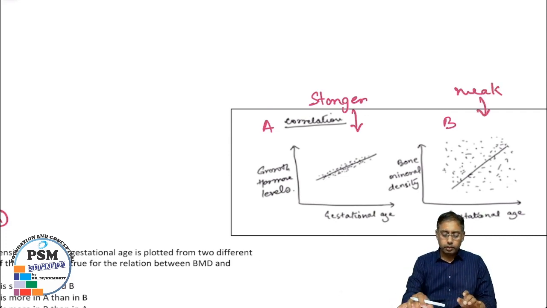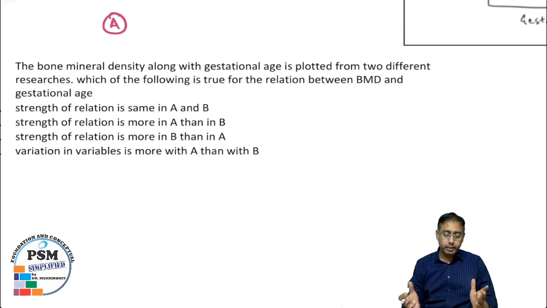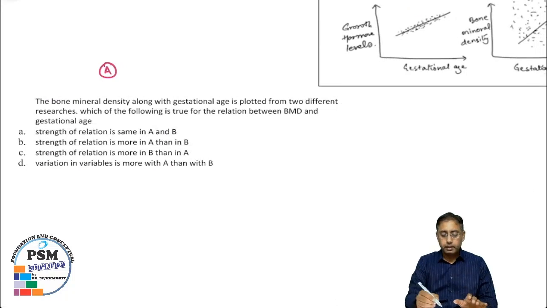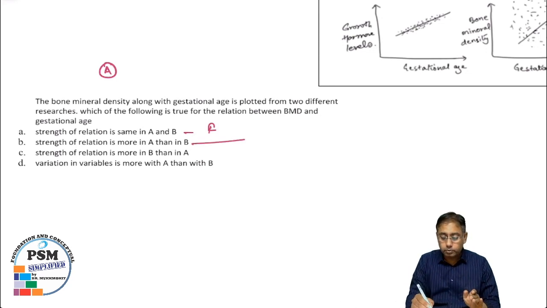Okay, if you understand this, now let us come to the MCQ. The bone mineral density was plotted in two graphs. Strength of relation is the same in A and B? As you can see, it is not the same. This is false. Strength of relation is more in A than in B? This is a true statement. Strength of relation is more in B?